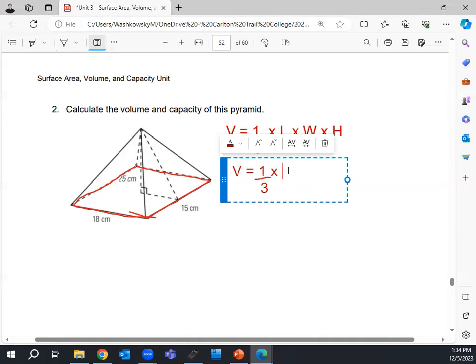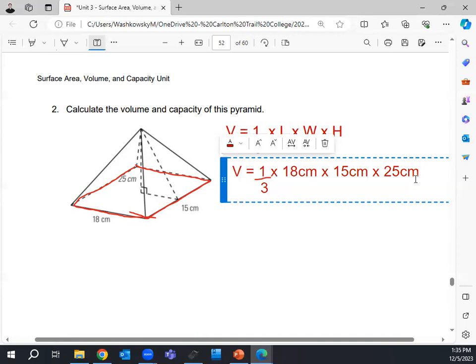So what's the length of my pyramid? 18, we'll go with 18. 15 is also fine. So 18 centimeters times what's my width? 15 centimeters, that's my base. And my height is 25. Again, this is really important: your height is the line that goes all the way up. 25 is the pure height, straight up.